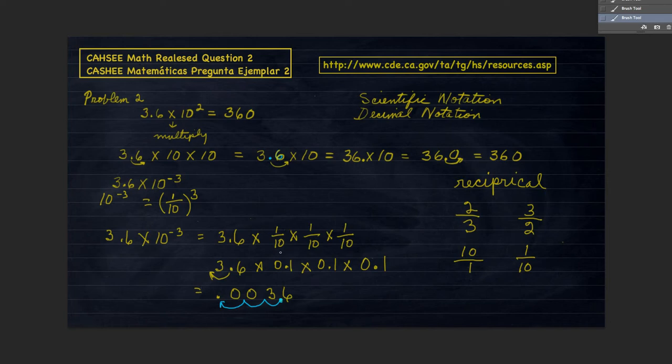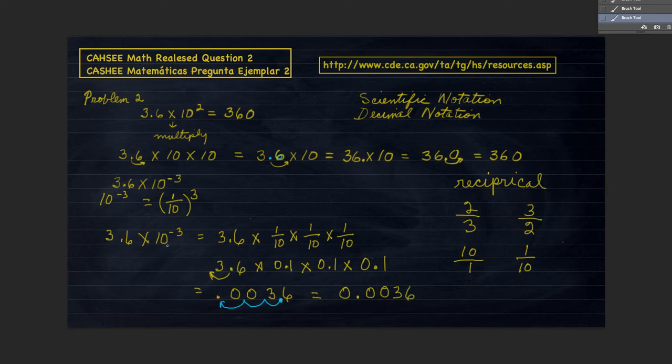So for every time you repeat the same factor, you move it to the left. So changing to a negative exponent makes the point go to the left instead of to the right, as it does with positive exponents. And so the answer for this would simply be 0.0036.